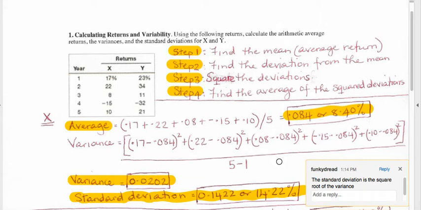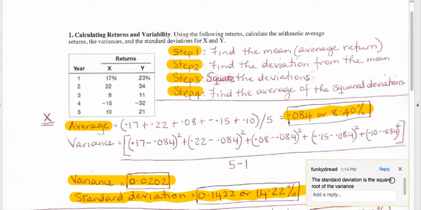Remember from the slides, we had the formula for the variance when you're calculating it for a sample and you divide by n minus 1. So the variance for this is 0.0202, and to find the standard deviation, look, I have a post-it note here.